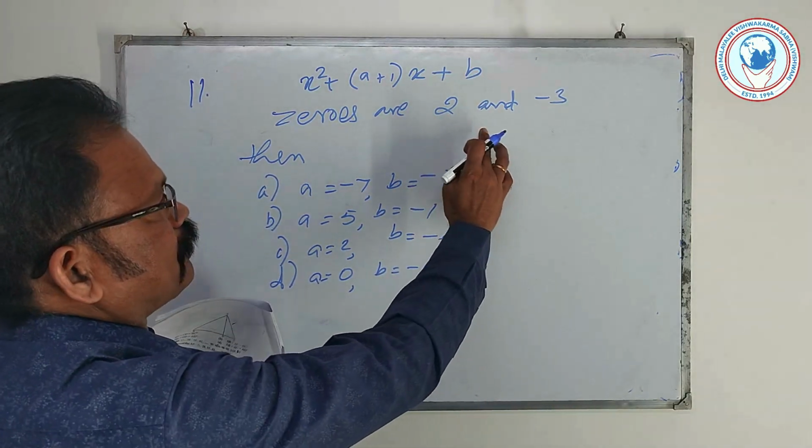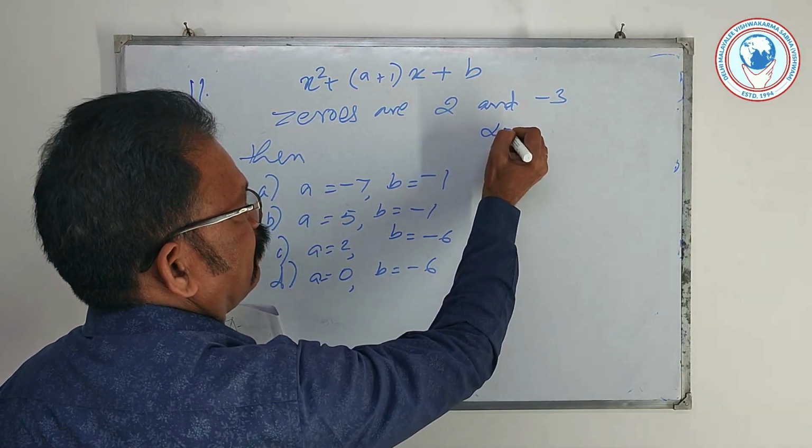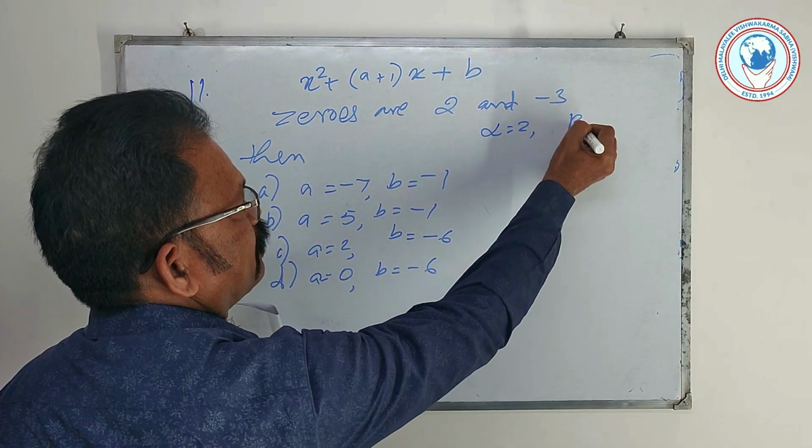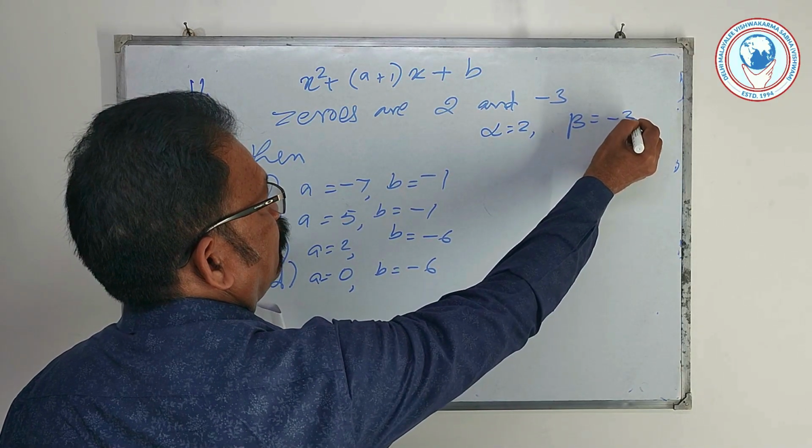Given that zeros are 2 and minus 3, that is alpha is equal to 2, beta is equal to minus 3.